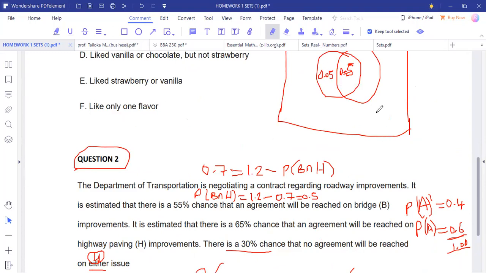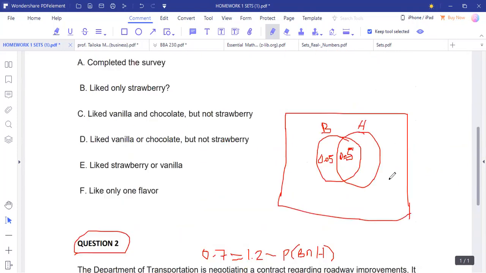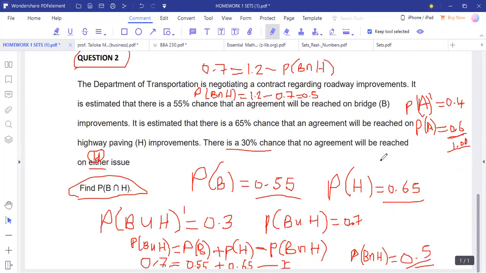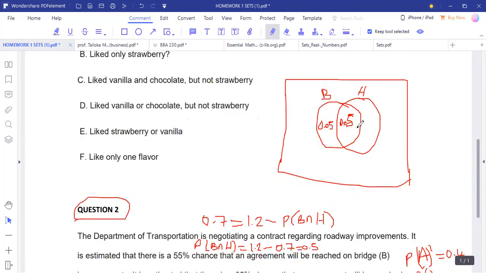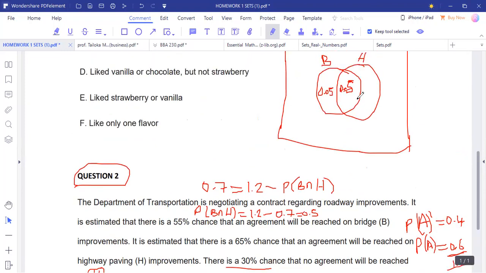So you can see how detailed this question was. So this is 0.5. Who can give me for H only? It will give 0.15. So for H it was 0.65, not so? Are we together? Yes, sir. Now for us to find H only, this is the entire H here, so for H only it will be 0.15.